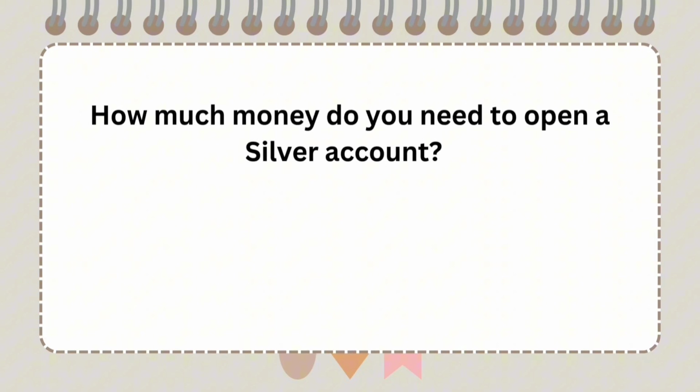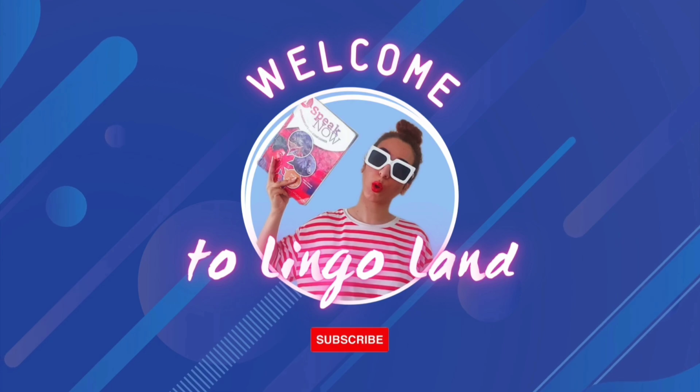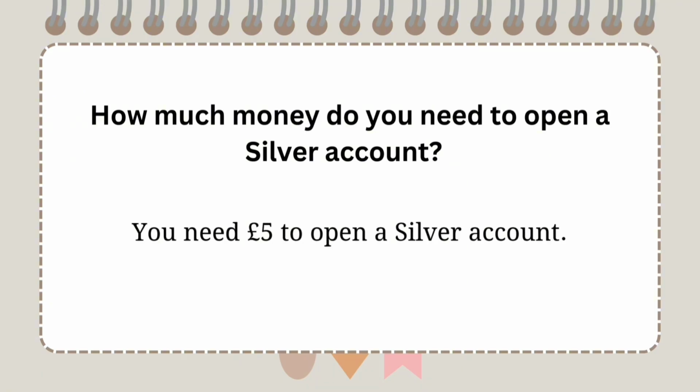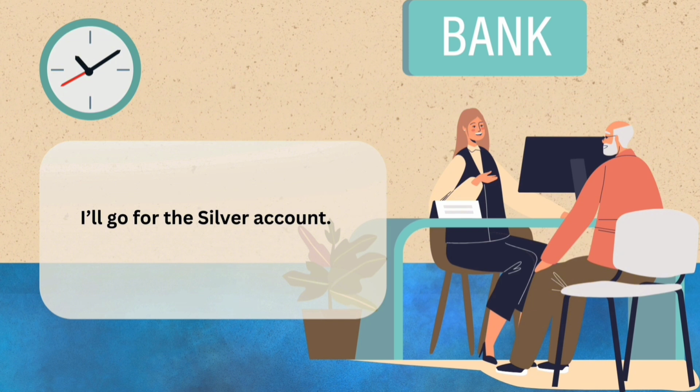How much money do you need to open a silver account? You need £5 to open a silver account. How much interest does the silver account pay? It pays 5% interest.